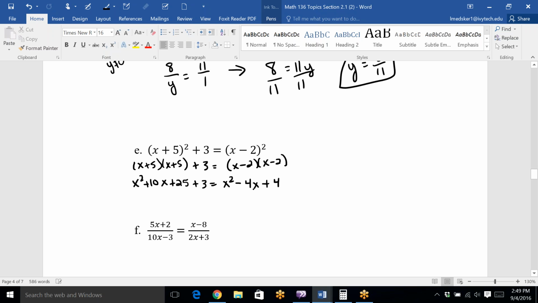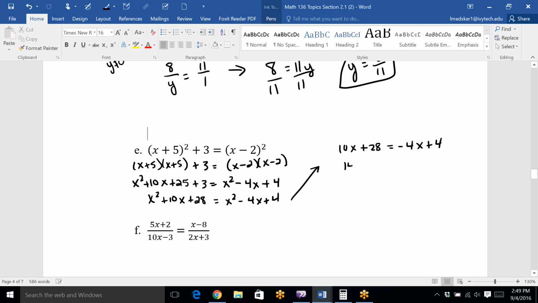Then we would want to move some things around. I actually think I'll combine like terms first. So x squared plus 10x. 25 plus 3 is 28. That looks a little cleaner. When you go to subtract the x squared, it actually cancels out on both sides. So you're really just left with the 10x plus 28 equals negative 4x plus 4.